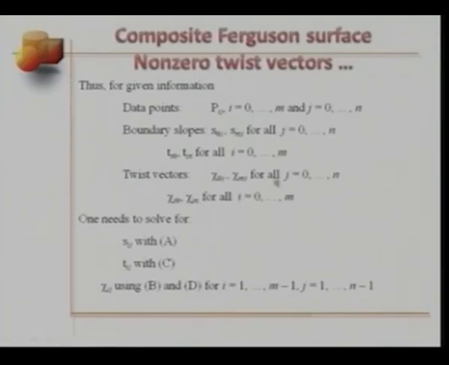Once we have this input, we would be able to solve for all the intermediate slopes along the u direction, along the v direction, and all the intermediate twist vectors.